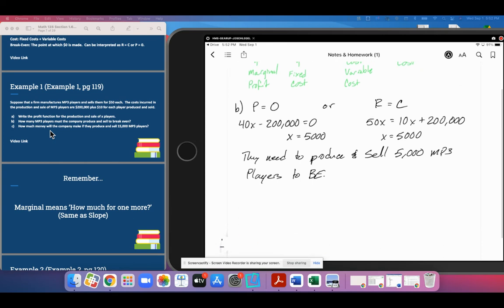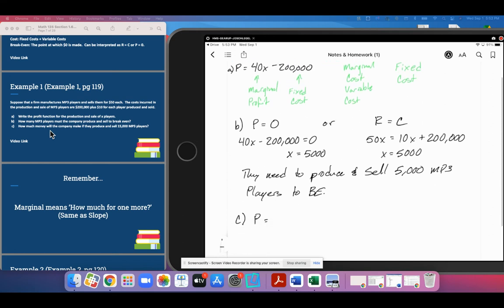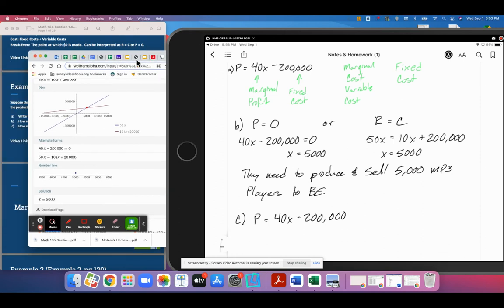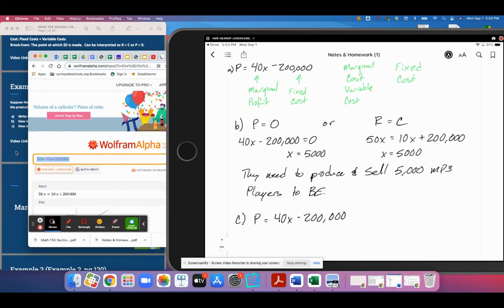And so I do have a profit function. Profit was equal to 40x minus 200,000. And we can use that to figure out how much money the company will make if they produce and sell 15,000 MP3 players. Let's get Wolfram over here to do that for us.